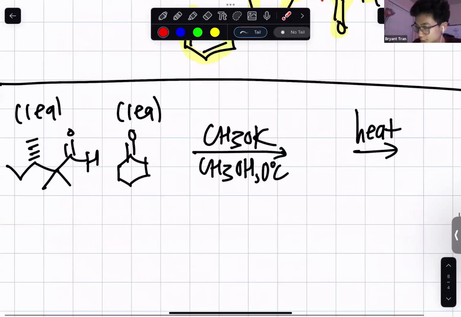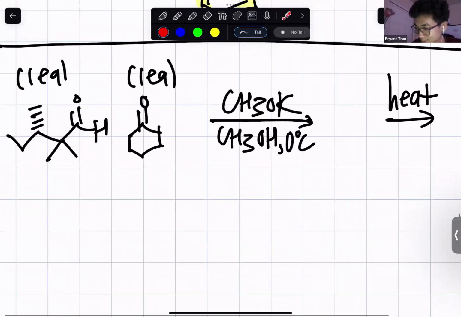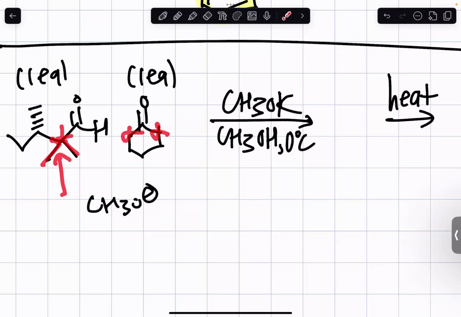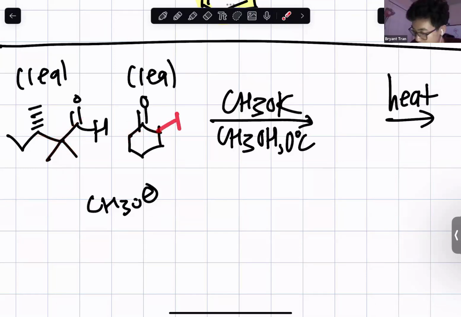I'm just gonna do the mechanism here just to show you guys what's going on. We have a strong base, CH3O minus, and we want to deprotonate an alpha hydrogen. There's an alpha carbon here, alpha carbon here, alpha carbon here. There's no alpha hydrogen in there because it has 4 bonds. So we're gonna deprotonate one of these alpha carbons.